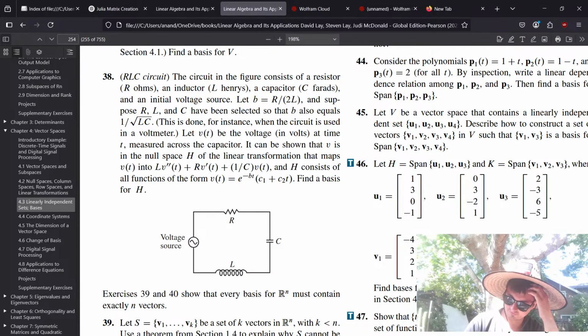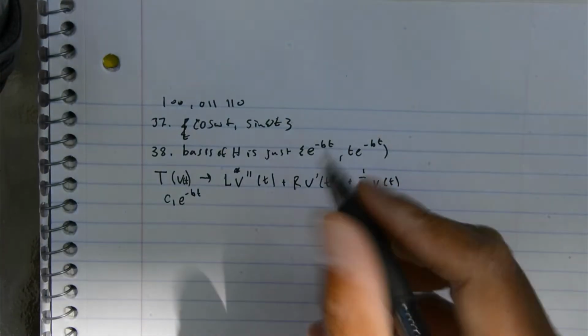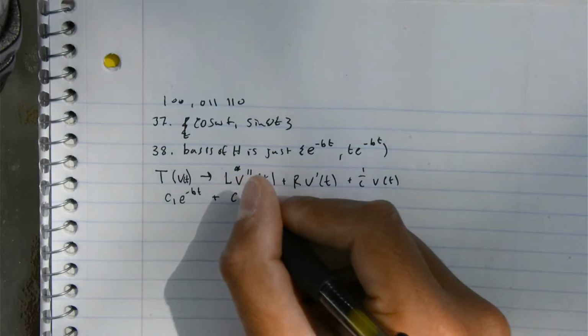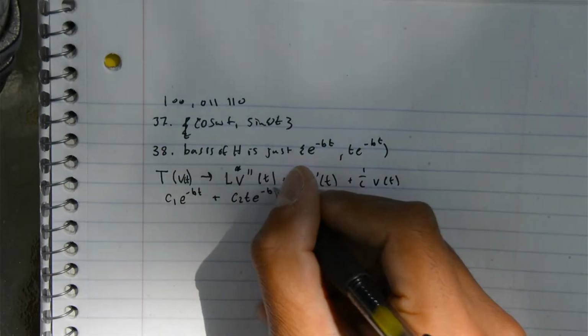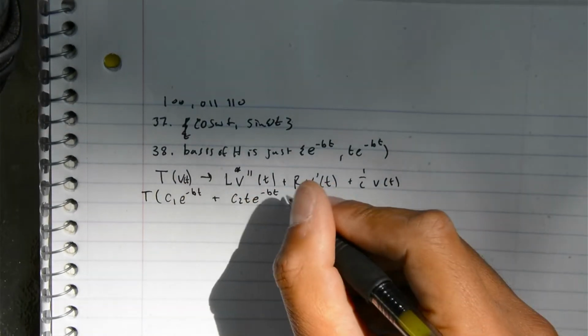So if we take c1 e to the minus bt, all right, so here we'll write this out. So if we have plus c2t e to the minus bt, and then we're going to compute T of this.